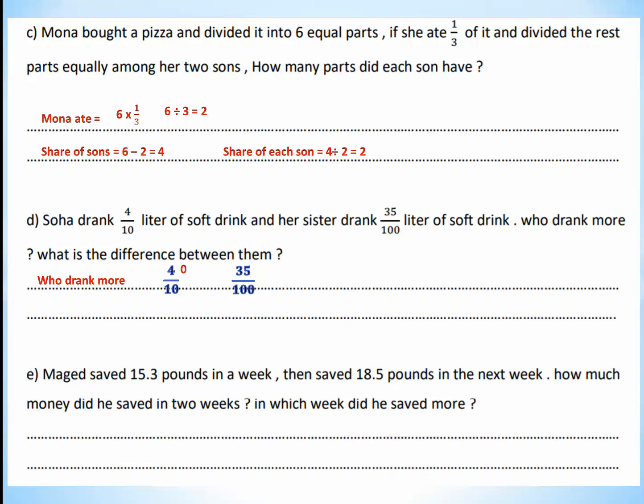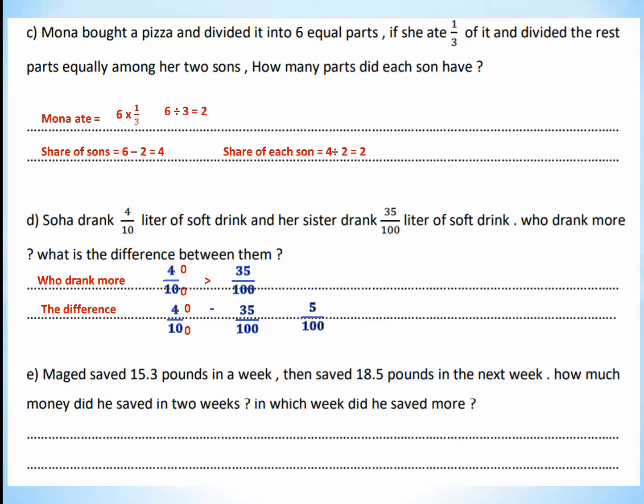We will put 0 up and 0 down. So, which one is greater? 40 over 35? No, 40. So, Soha is greater. And what is the difference? Okay, 4 over 10 minus 35 over 100. We will put 0 up and 0 down and make minus, 40 minus 35 equal 5 over 100.